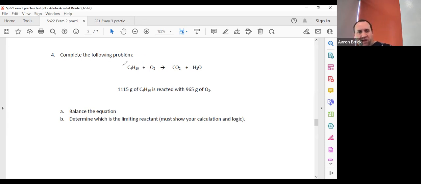To balance the equation, I'm going to need 2 butanes, 8 carbon dioxides, and 10 waters. If I put that together, 16 plus 10 is 26, so I need 13 oxygens as well.